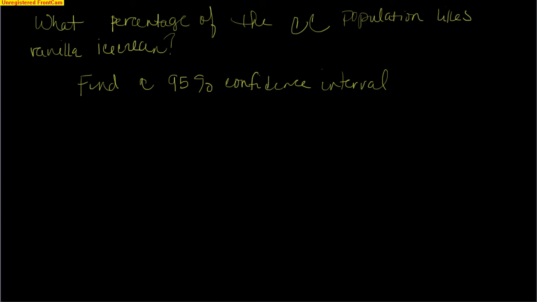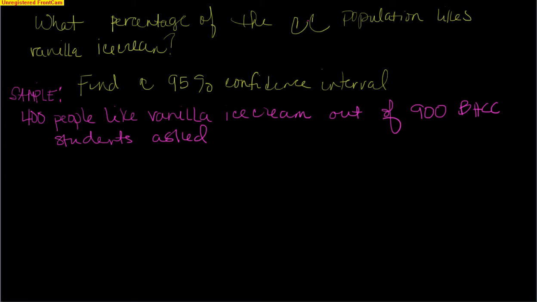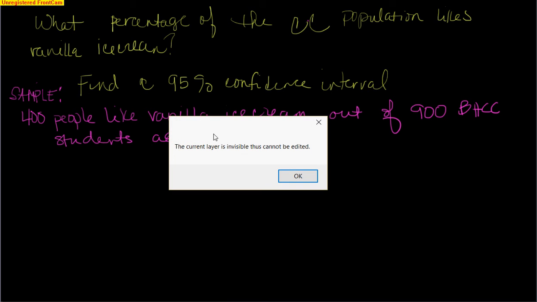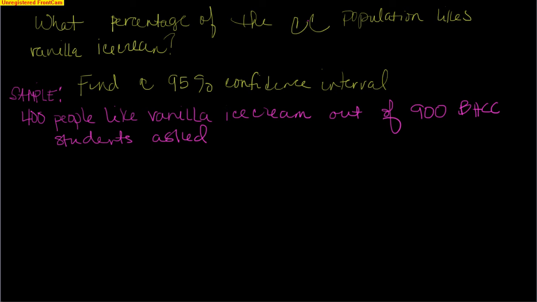So the place you would start is with a sample group. So let's say, for example, I'm going to ask 900 people at Bunker Hill Community College whether or not they like vanilla ice cream. So I ask 900 people, so we know that's our N. N is always your total number of people. And let's say 400 people actually like vanilla ice cream. So we would say that our sample probability, our sample percentage, and that's what this hat over the P means, sample.